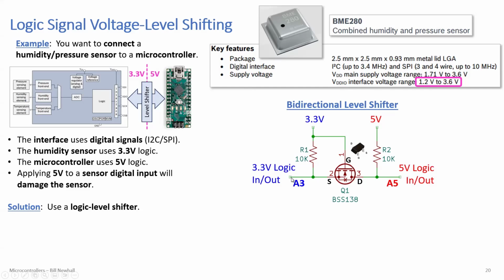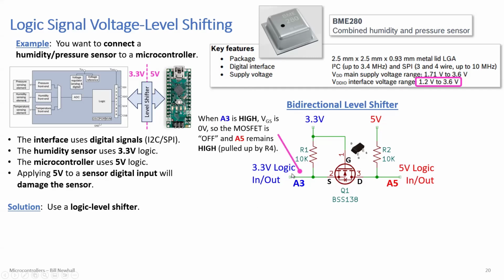So 3.3 on the left side will convert to 5 volts on the right side. If the right side is an input, 5 volts is converted to 3.3 volts. So this is really a cool little circuit. You can use this in both directions.